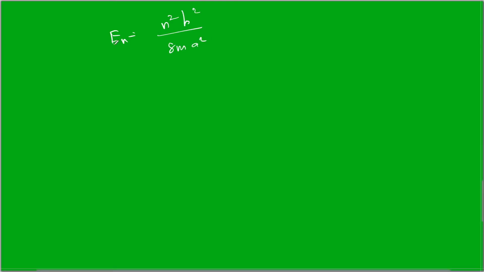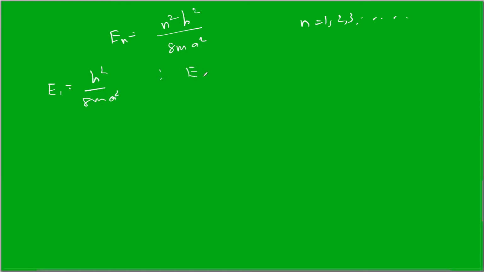Here we are representing E with En, the reason being corresponding to each n value, because we know that n can take values 1, 2, 3, 4, and so on and so forth. Corresponding to each of those n values, we get different energy. We represent each of those energy levels with a suffix n. So E1 corresponds to the first quantum number, n is equal to 1. Then you get E1 is equal to h square upon 8m a square.